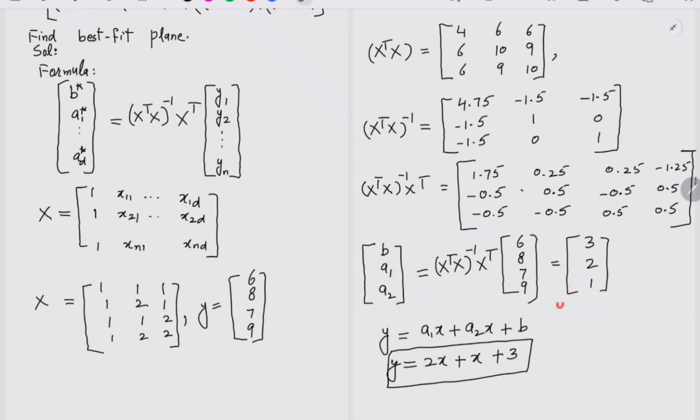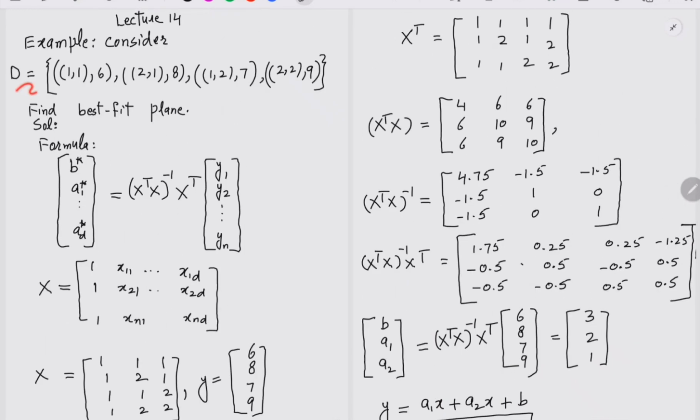And if you remember from the previous video, we have a dot product between A and X plus B. In this case, we have A1x1 plus A2x2 plus B, and we obtained the unknown coefficients A1, which is 2, A2, which is 1, and B, which is 3. So this is the plane.